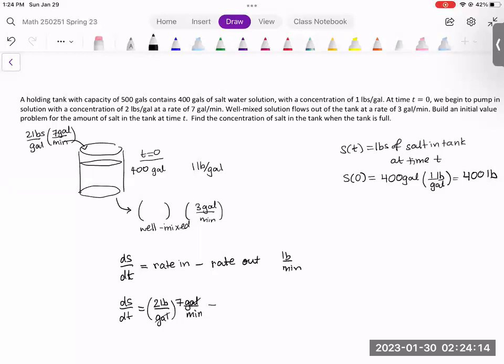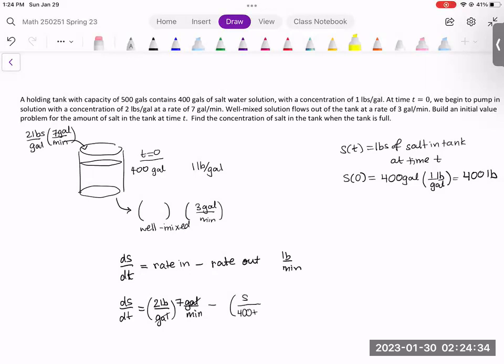When we look at our rate out, we're going to build it in the same way. So first we're going to find our concentration. The total pounds of salt in our tank is given by S. The total gallons, we start with 400.